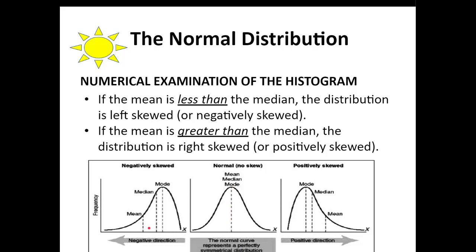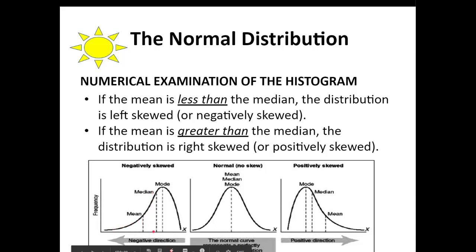Now, if you have a mean that is less than the median, like in this situation, notice here we have the mean. It is less than the median. Okay, the mean is highly affected by outliers. So that signifies that there is an outlier somewhere over here and it's pulling at the mean. It's pulling it closer to the outlier.